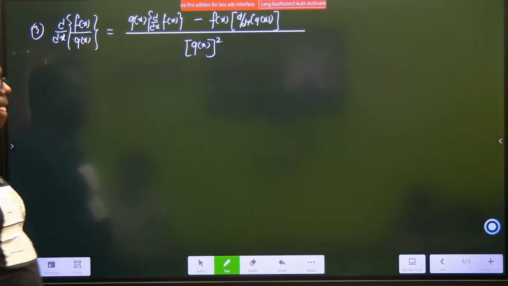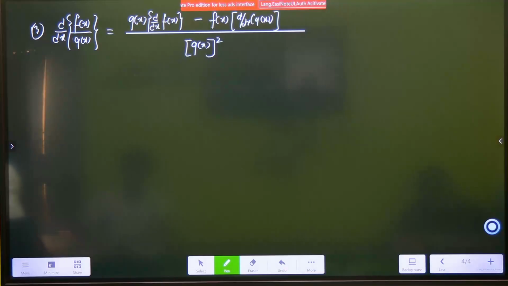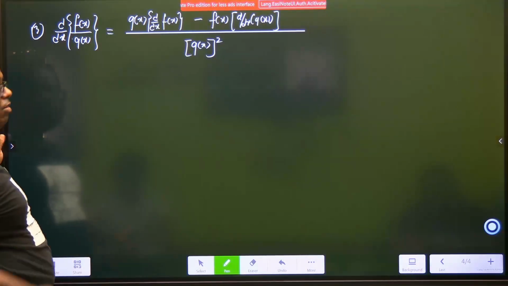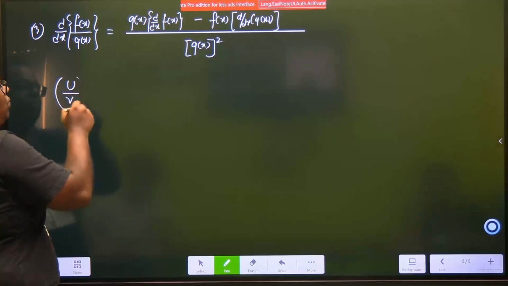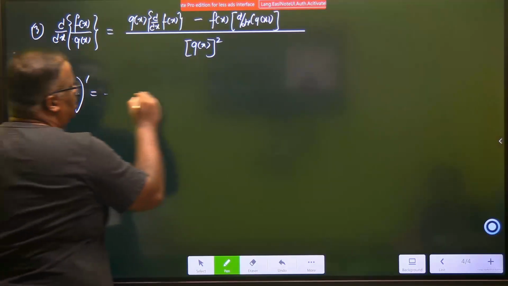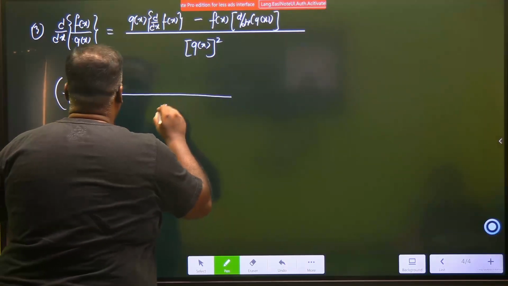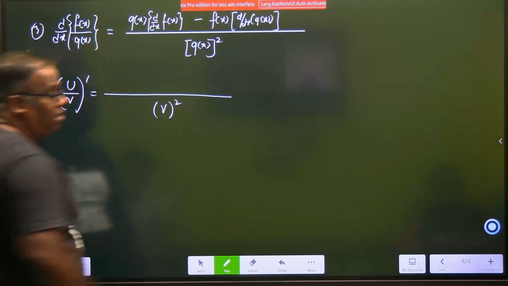Right? Now look how the book will write this formula. It will become clear. See, u divided by v, you're trying to find the whole derivative. So this is given by v squared in the denominator.